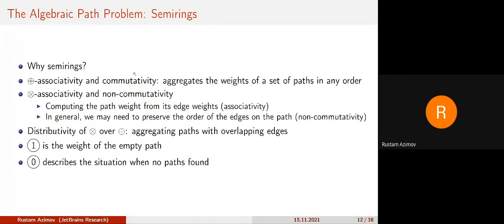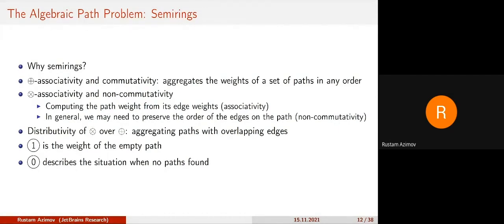What is the semantics of the plus operation in the algebraic path problems? The plus operation aggregates the weights of a set of paths. So in any algebraic path problem, we must consider all necessary paths and compute their weights. And after that, we must aggregate this information.